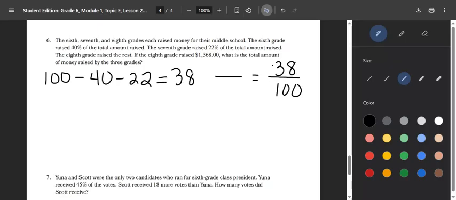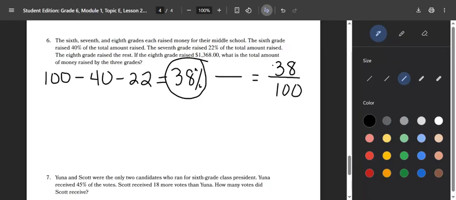So I set it up wrong. So if you set it up like I set it up the first time, we were wrong. If you caught my mistake, awesome. That means you're paying attention. Good job. So 38 is the percent. 38%. This is probably what messed me up. I didn't have the percent sign.